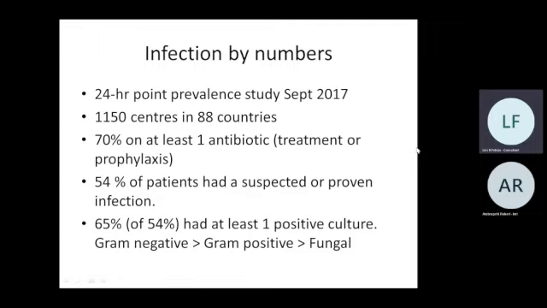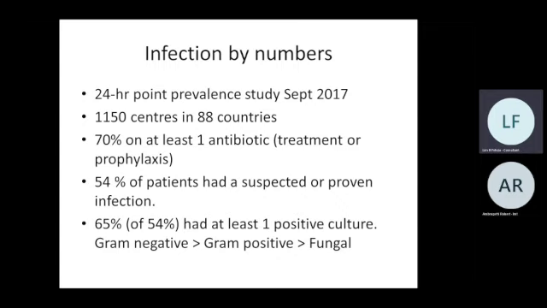So this was a point prevalence survey, and it looked at a 24-hour time period in September of 2017, and looked at over 1,000 adult ICUs in 88 countries. And the numbers aren't very surprising. It found that at least 70% of patients were on one antibiotic or more, and this can be treatment or it can be prophylaxis, so your post-surgical prophylaxis will also count.